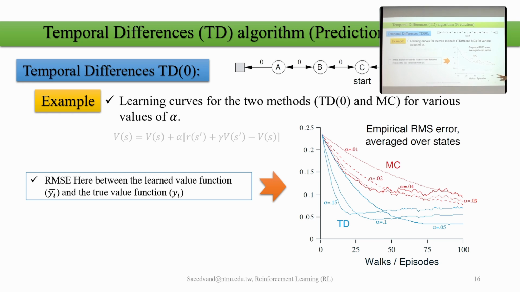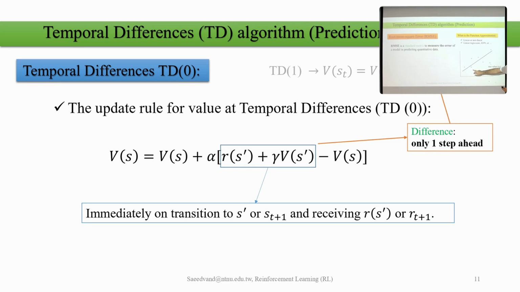It means how fast we are updating our value based on the new values that we have. Have a look here at the equation. Here alpha says how much impact this term has on the value, how fast I'm going to update my value.